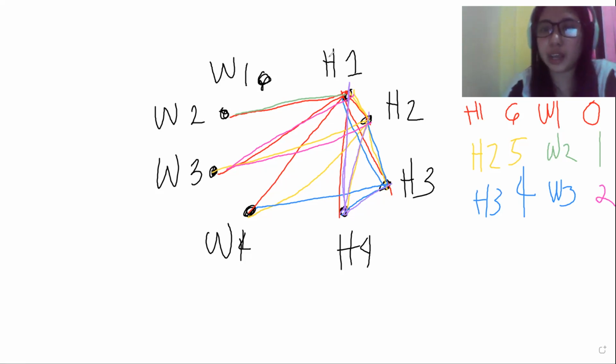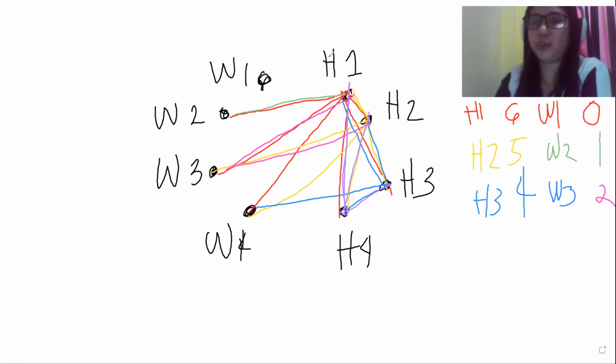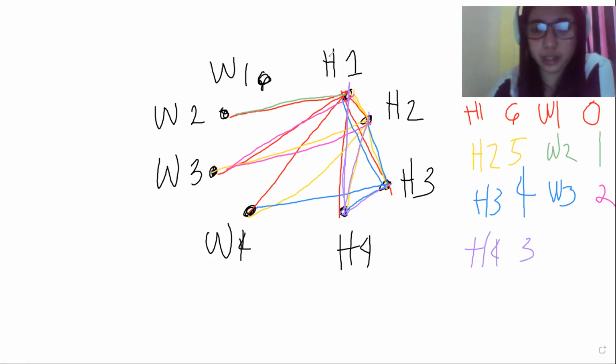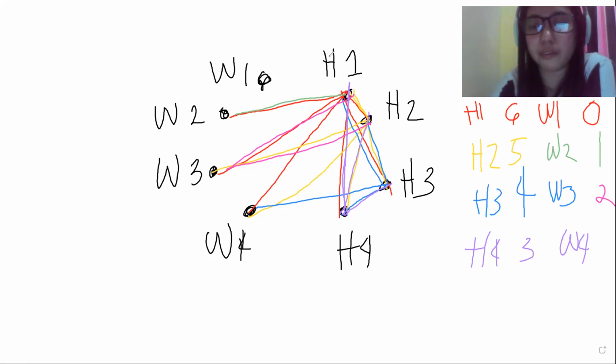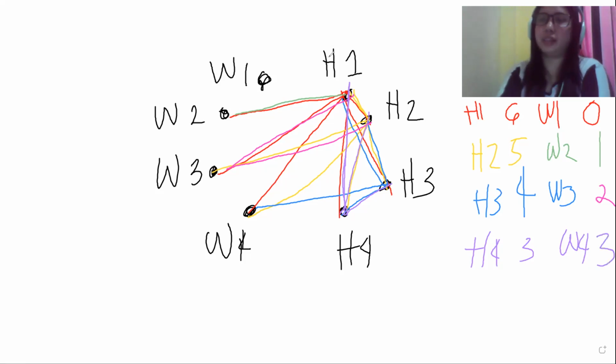We cannot connect husband 4 with wife 4 because wife 4 is husband 4's spouse. So for husband 4, it is 3. For wife 4, let us also count the lines connecting. We have the blue, yellow, and red. So that is also 3.